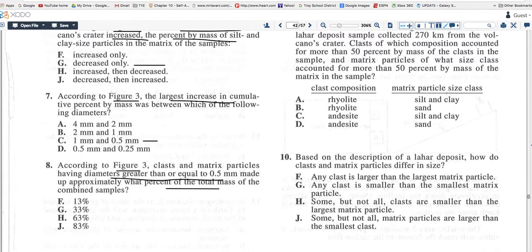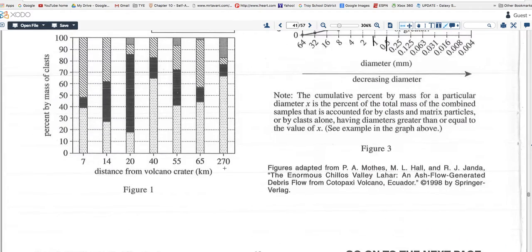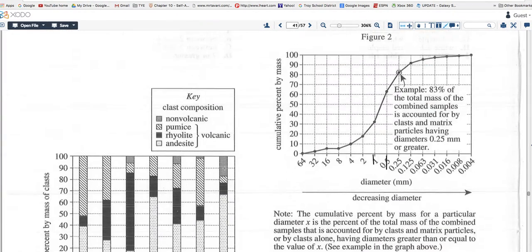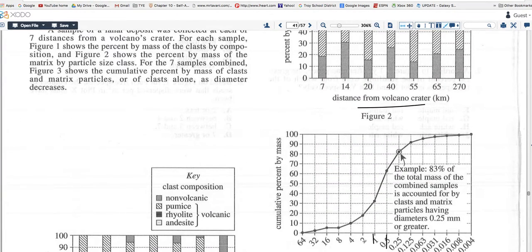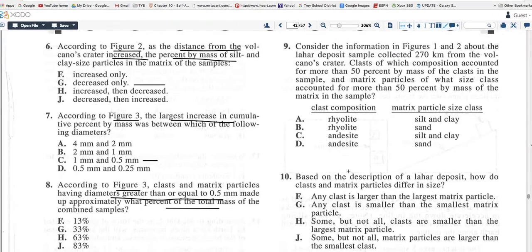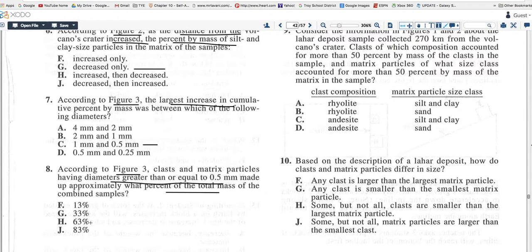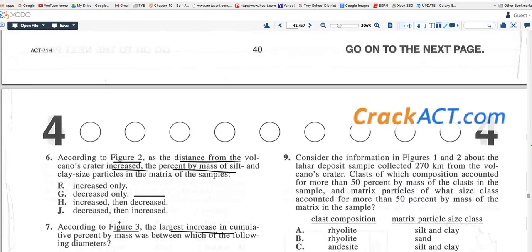Yeah, so what she did was you look at which class and matrix particles are greater than or equal to 0.5 in diameter. All right, so you go up to figure 2, and you're seeing what percent was 0.5 or greater. And you have to go to the left, not the right, because of the scale. So it's everything from 64 to 0.5, and you just line it up on the thing, and that's about, what is that? About 60%. And that is answer choice C. Or H.